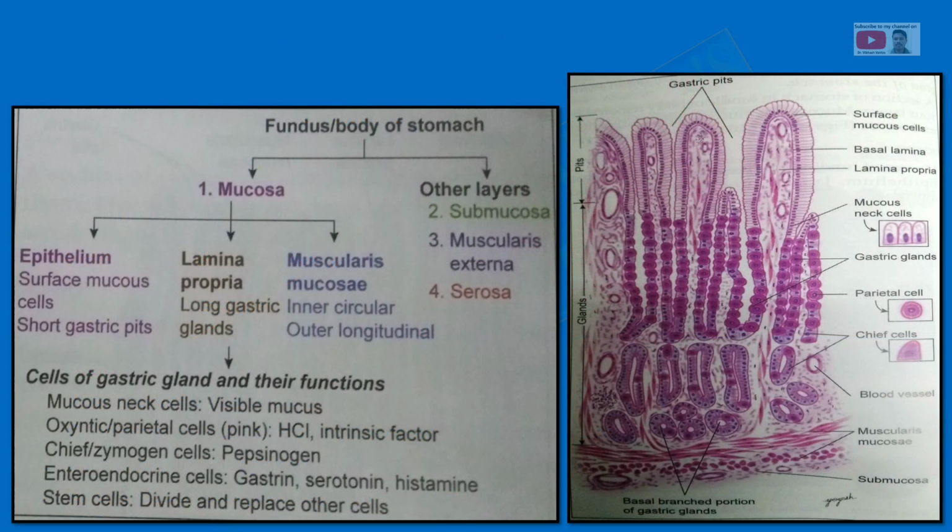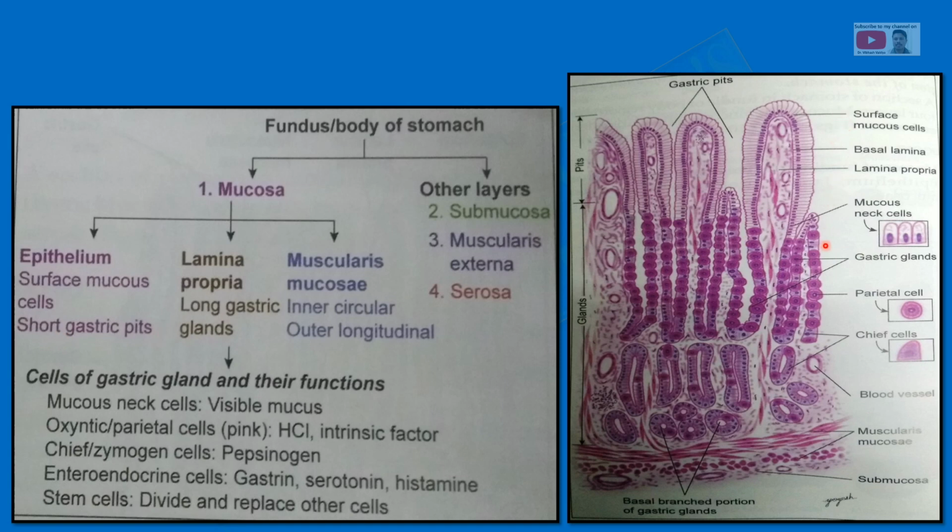Here in this slide is a small recap of the histology of the fundus or body of the stomach. As we have discussed, it has a mucosa and three other layers: submucosa, muscularis externa and serosa. The lining epithelium of the mucosa is a simple columnar epithelium with surface mucous cells and short gastric pits.